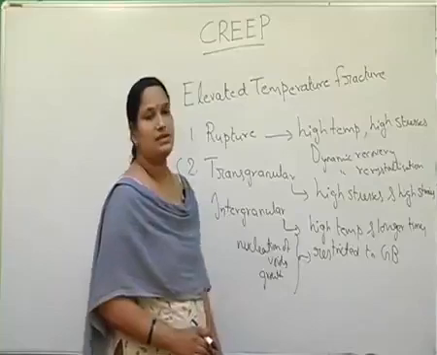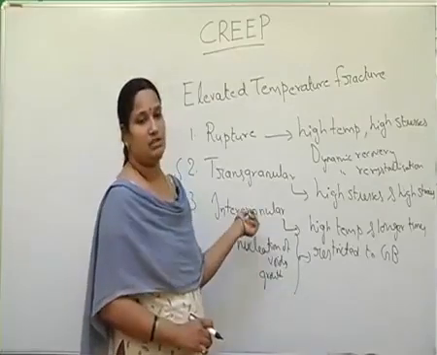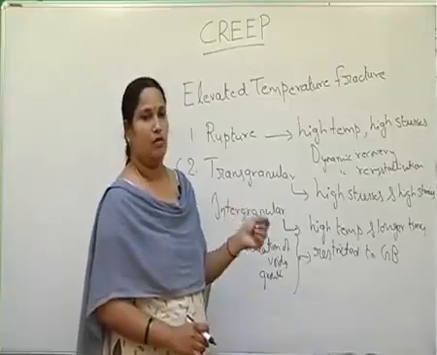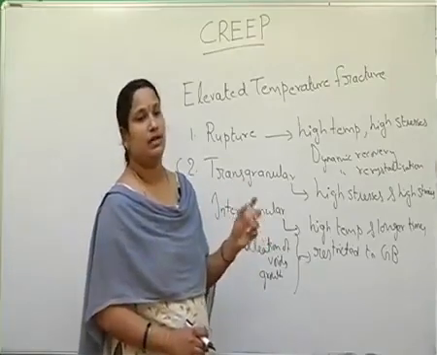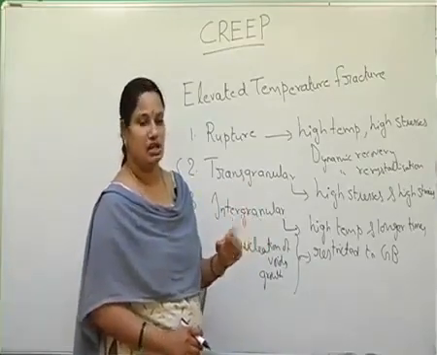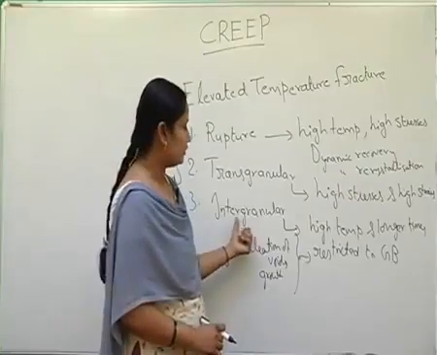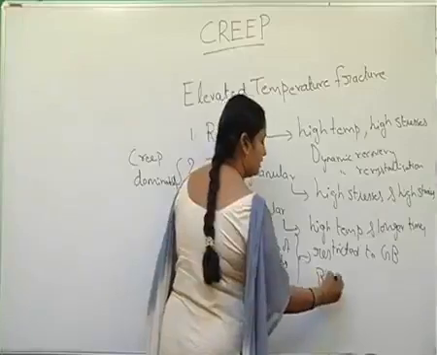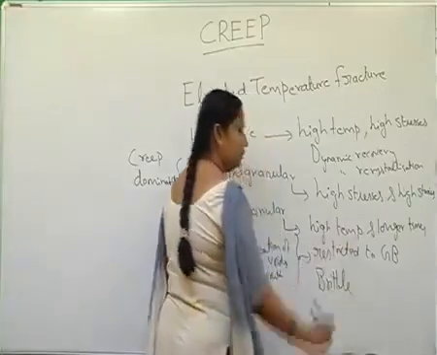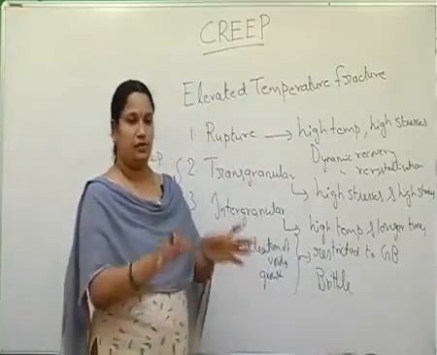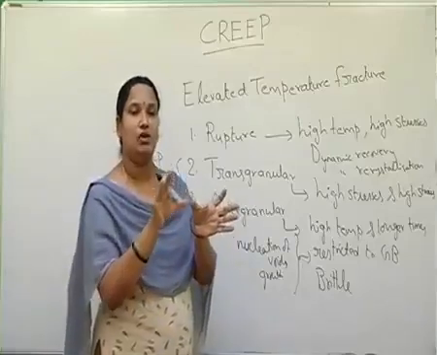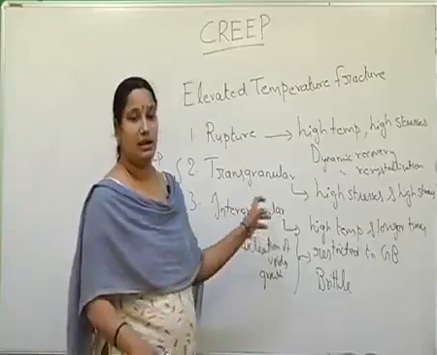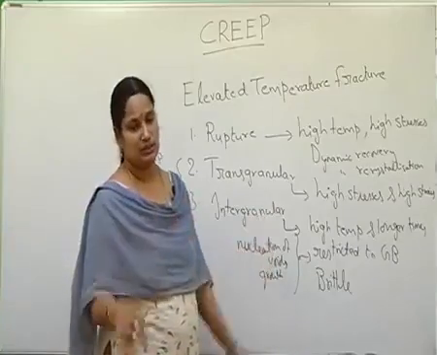Whereas in the case of transgranular, the fracture is often associated with some amount of necking, and some reduction in area and elongation takes place. In the case of intergranular, the appearance of the fracture is of brittle type, so the crack propagates along the grain boundaries. Whereas in the case of transgranular, the crack propagates through the grains.